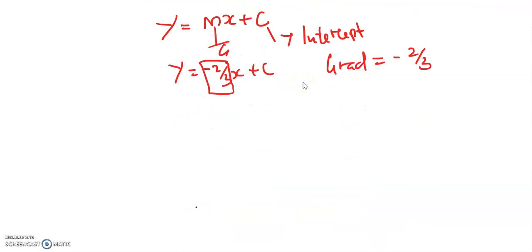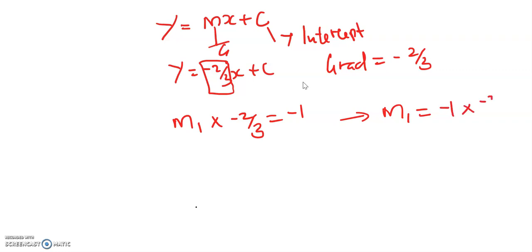In other words, the gradient m1 times the gradient m2 gives -1, which means the gradient of this first line is equal to, multiplying both sides by the reciprocal of -2/3, which is -3/2, giving you 3/2. So 3/2 is the gradient of the first line, because the two lines are perpendicular.